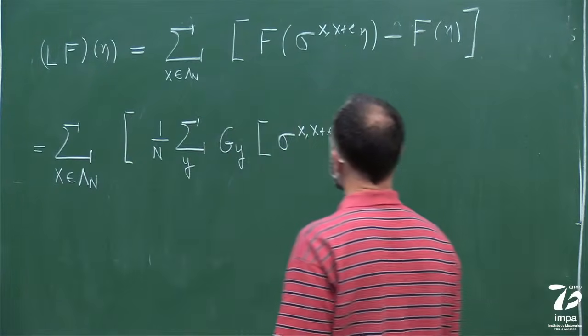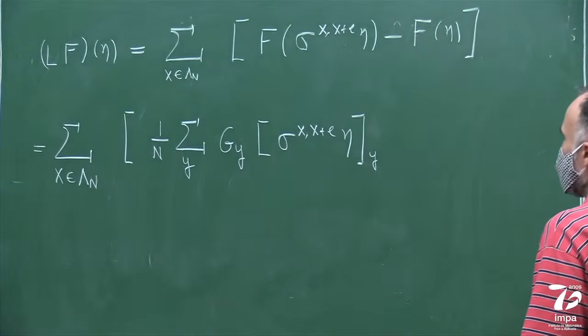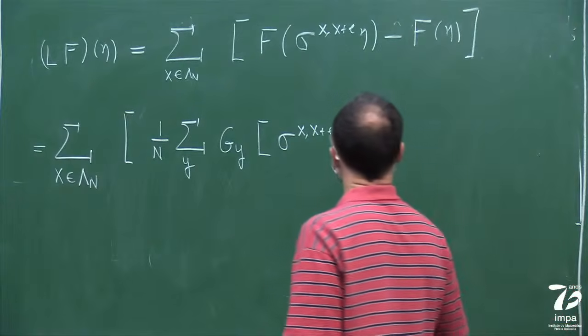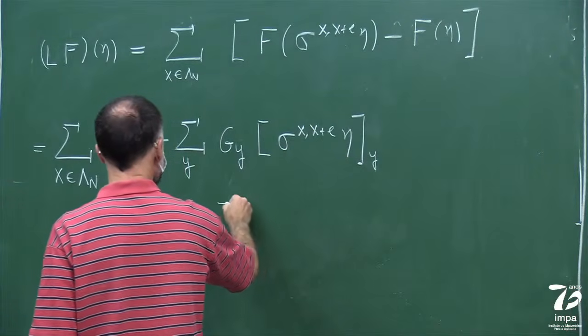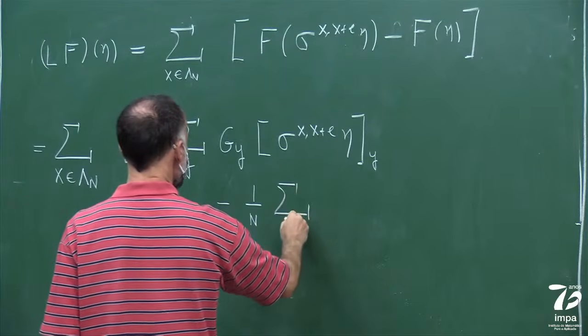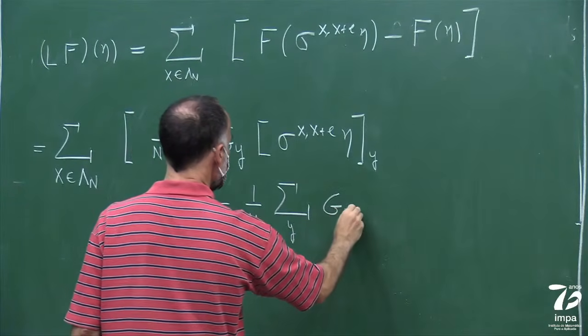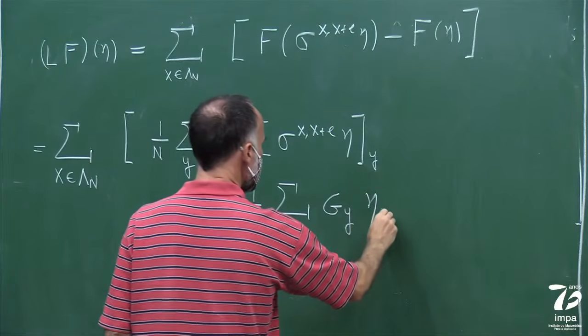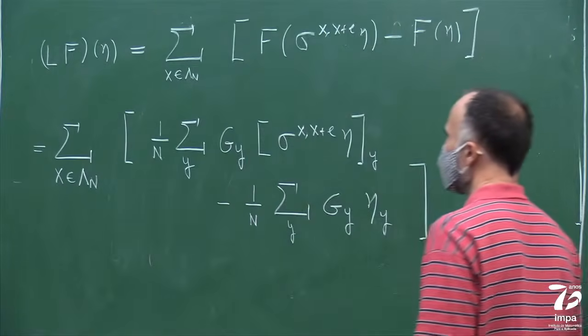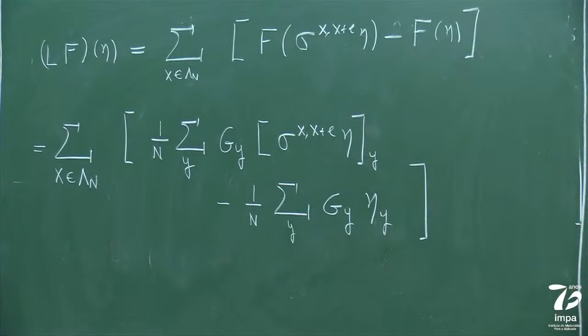So this is f of sigma x, x plus e of eta, then minus f of eta, which is minus 1 over n, sum over y, g of y, eta of y. Okay? So this is L of f.